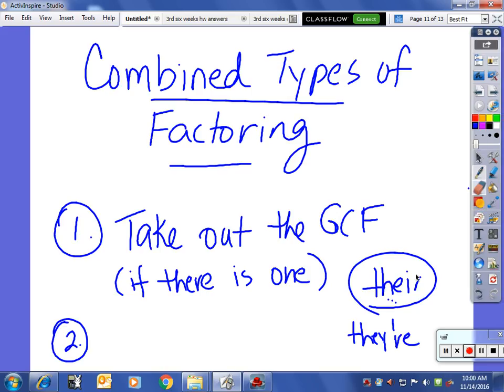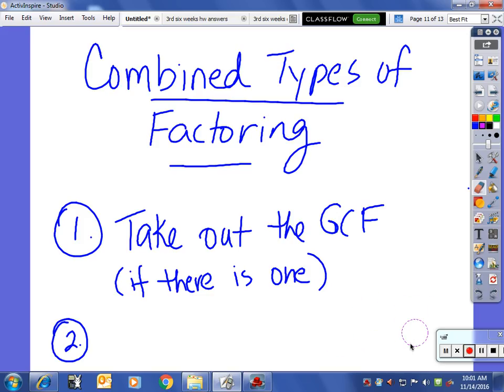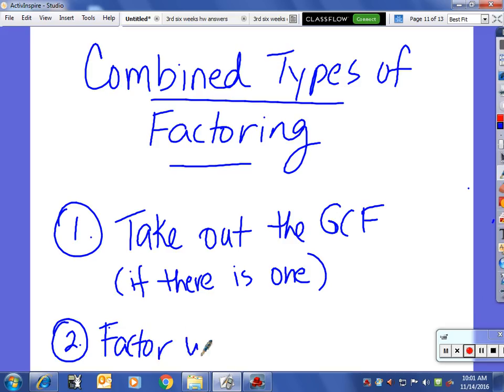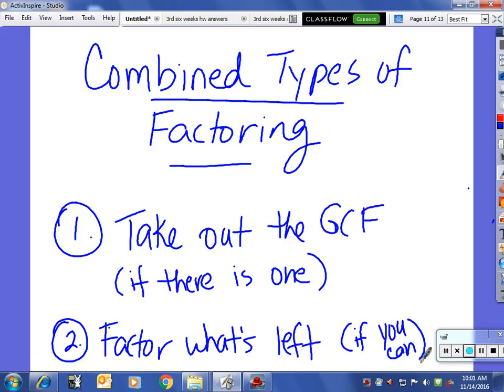Okay. Now, after you take out the GCF, if there is one, then you factor what's left, if you can. Sometimes after you take the GCF out, you're done. But if you can keep on factoring, you want to keep on factoring. Now, here's a clue that you need to keep on going.